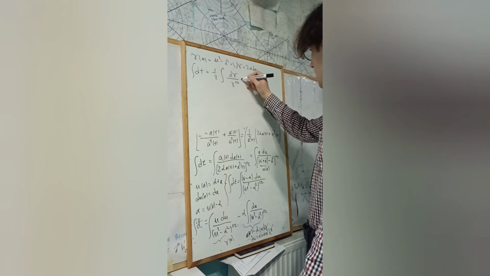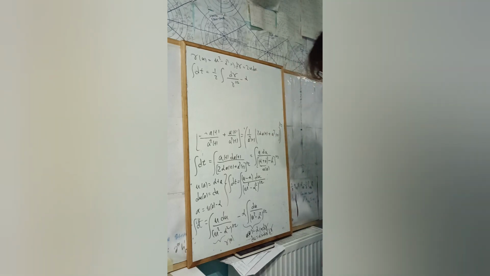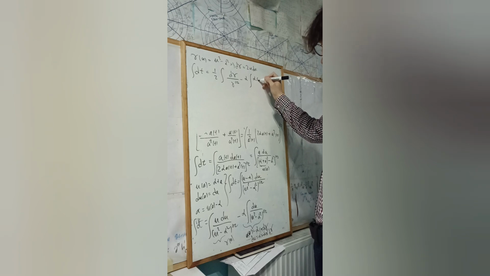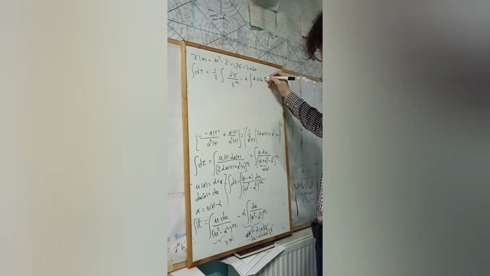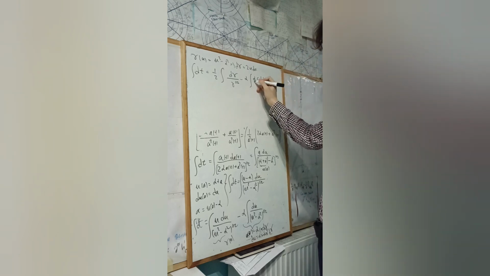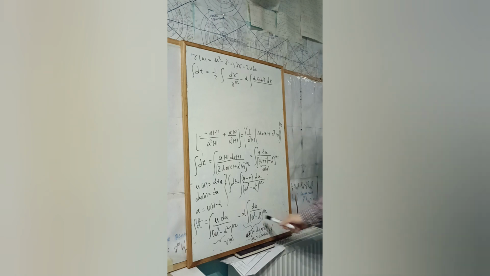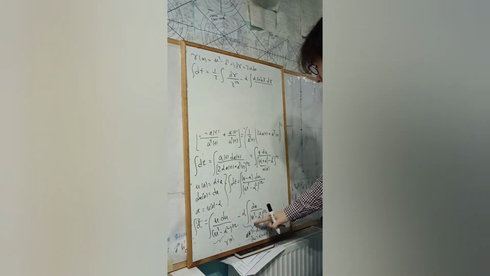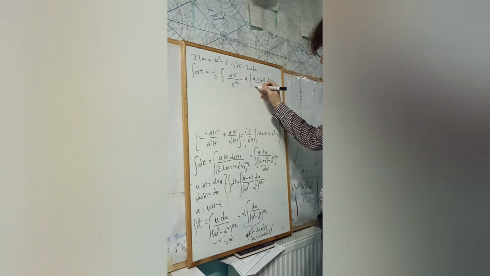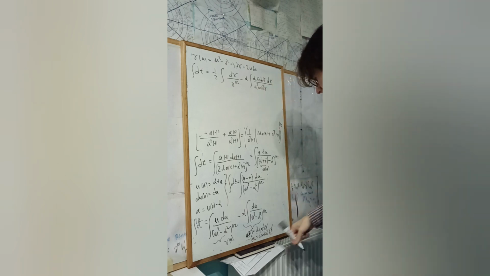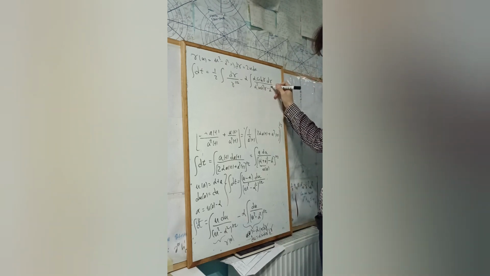Okay, minus alpha. In here, du was alpha sinh gamma d gamma divided by the square root of u squared minus alpha squared, u squared alpha squared cosh squared gamma minus alpha squared to the square root.